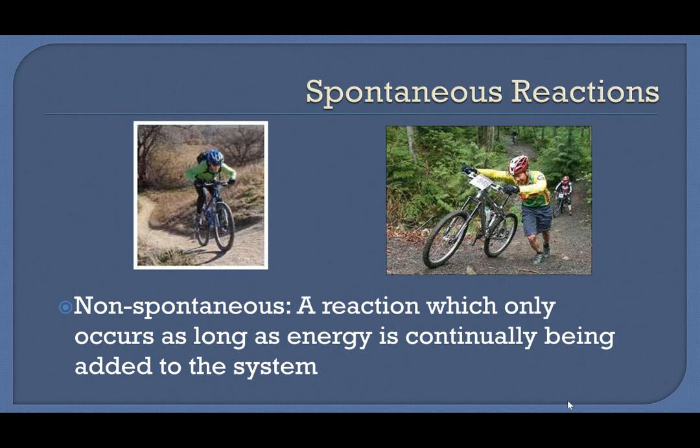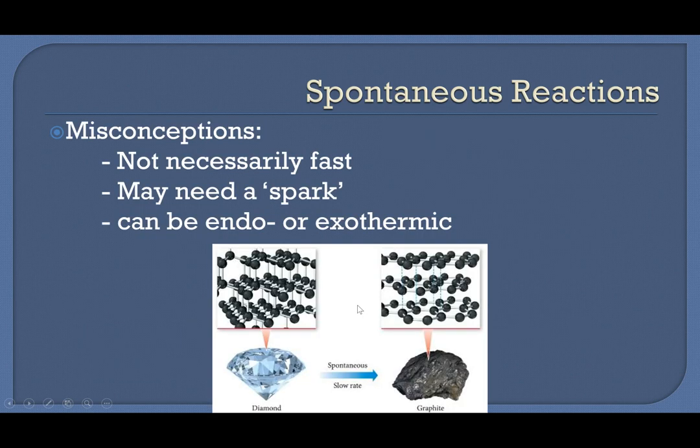So both of those are inverses of one another. So if one way is spontaneous, then the other way has to be non-spontaneous. Okay. And then before we move on and dive deeper into spontaneity, let's just get rid of some misconceptions right away. So I've already addressed one, the fact that non-spontaneous does not mean impossible.